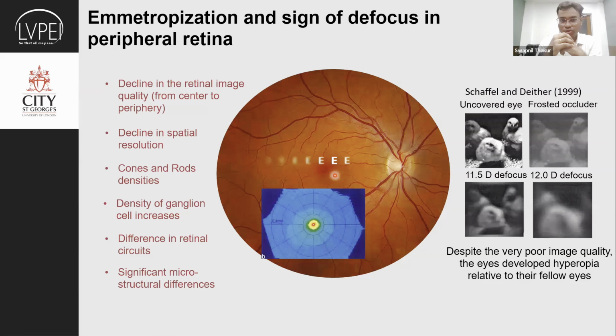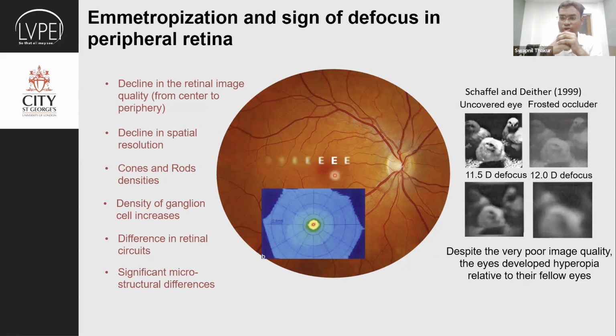But what is important to note here is that in the peripheral retina, the defocus is much more in comparison to the center. So how is the visual system able to detect the defocus signals and then regulate the ocular growth? There was one experiment done in chickens by Schaeffel and Diether in 1999.